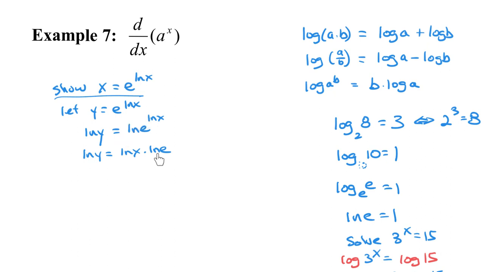Now natural log of e, we know that's just 1. So then we have natural log of y equals the natural log of x. And of course the only way that could be true is if y equals x. And if y equals x, we can say therefore, because y equals e to the natural log of x, then x equals e to the natural log of x, which is what we needed to show.